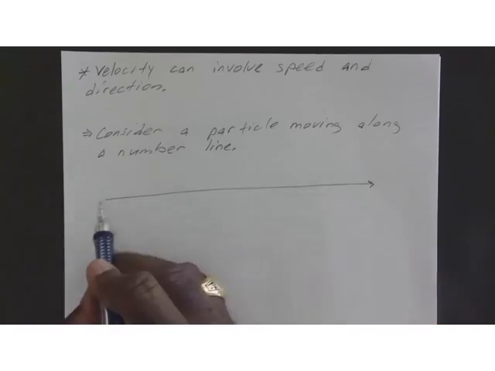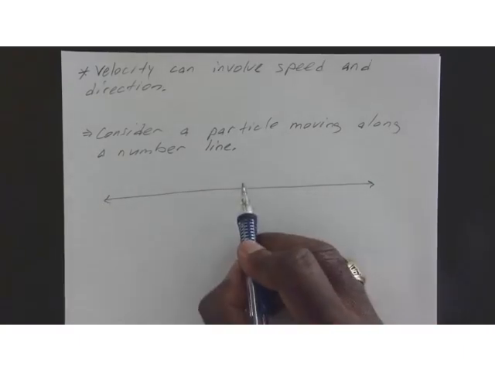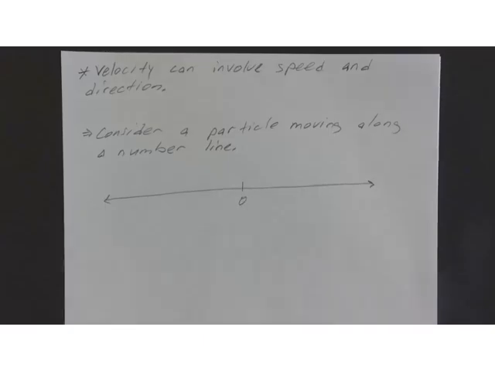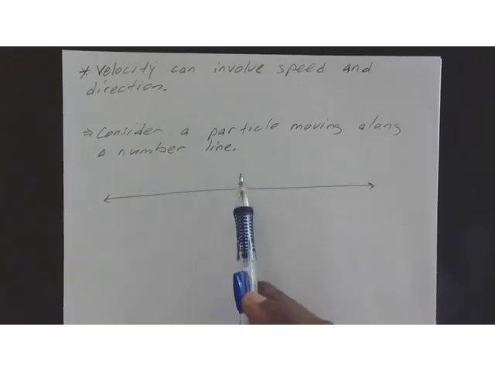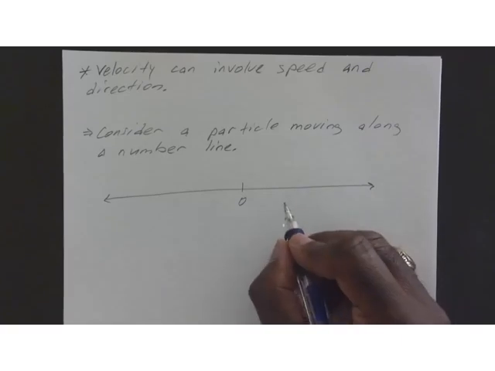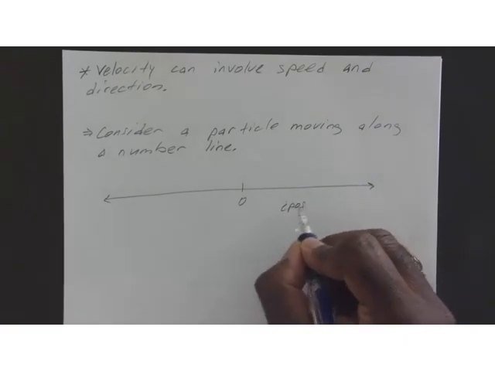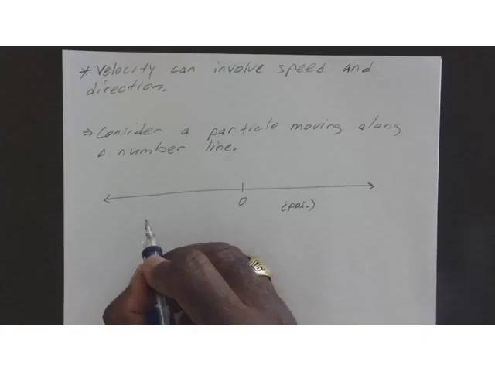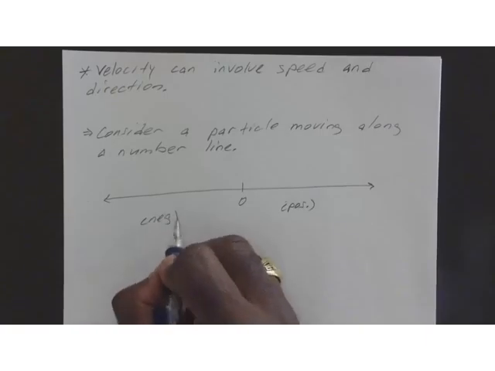And that particle could be anything. Okay, let's say it started right here. Since it can involve directions, let's say if we're looking at it and it goes to the right, we'll call that positive direction. It's going to the left, that's our negative direction.